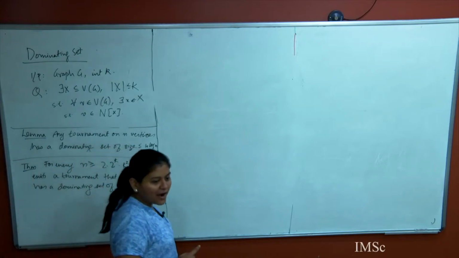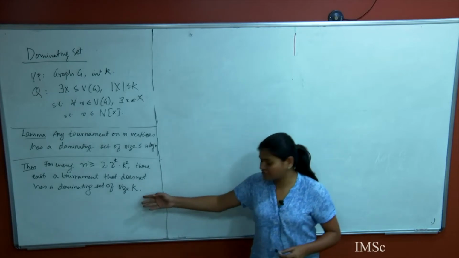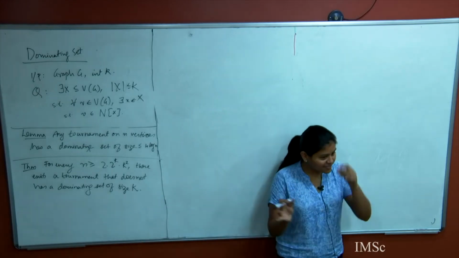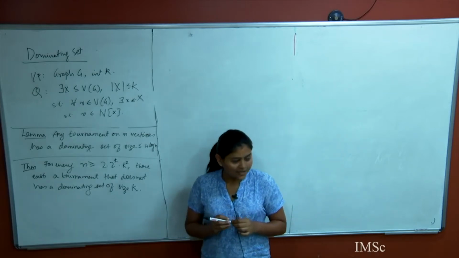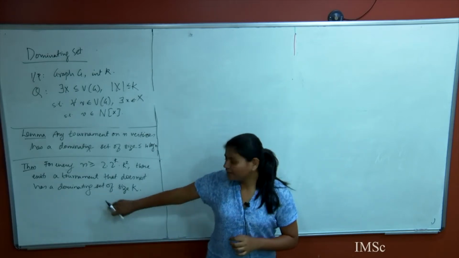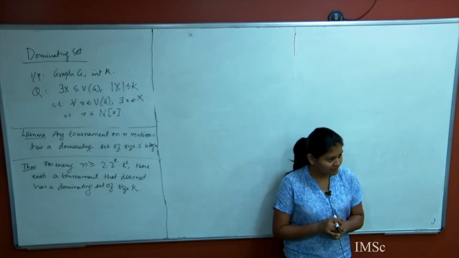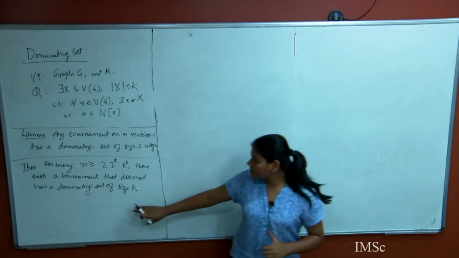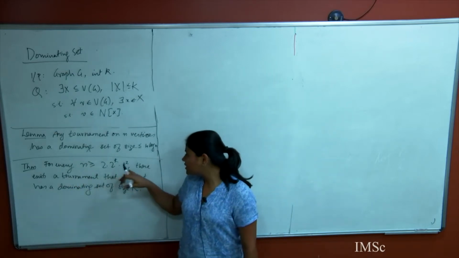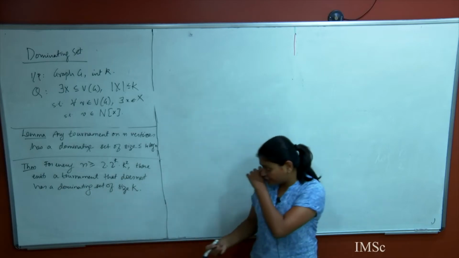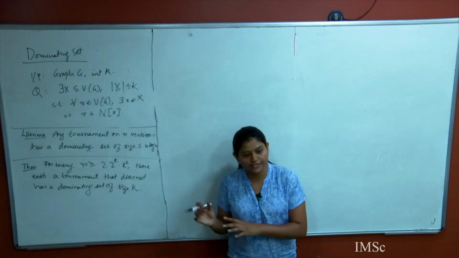So can we find such objects? Is there a way we can find such an object? Does anybody see any way? Given this statement, can we find such an object? This is the question. What this statement is saying is that for any n which is this much, there exists a tournament that does not have a dominating set of size k.